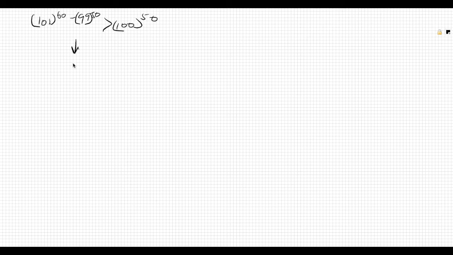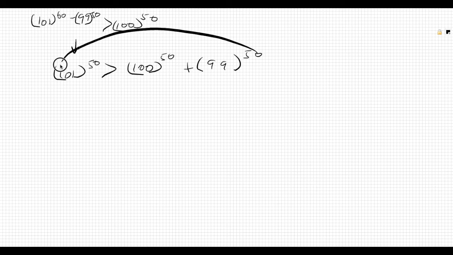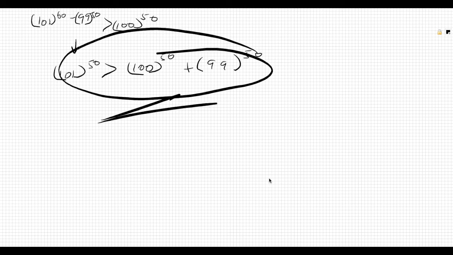On further simplification, you get 101 to the power 50 is greater than 100 to the power 50 plus 99 to the power 50, and that's our result that we required. We proved it. Let's move on to the properties of binomial expansion.